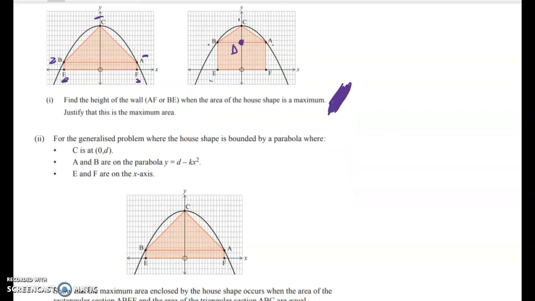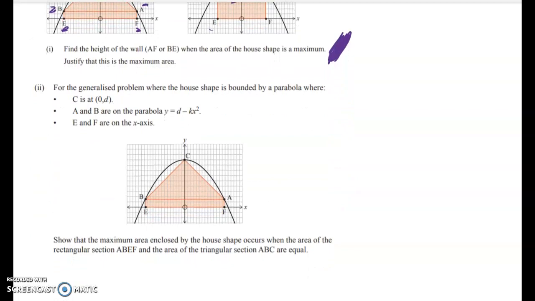If you go slowly with that part, this next part looks really horrible, but it's actually not that much trickier. It's just a generalized problem. Instead of having (0, 9), we now have C being at (0, d). And instead of the parabola being y equals 9 minus x squared, we have y equals d minus kx squared.